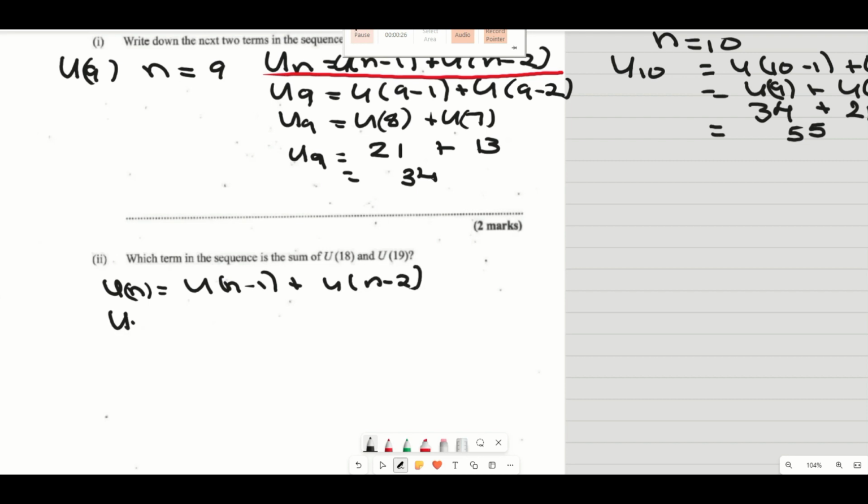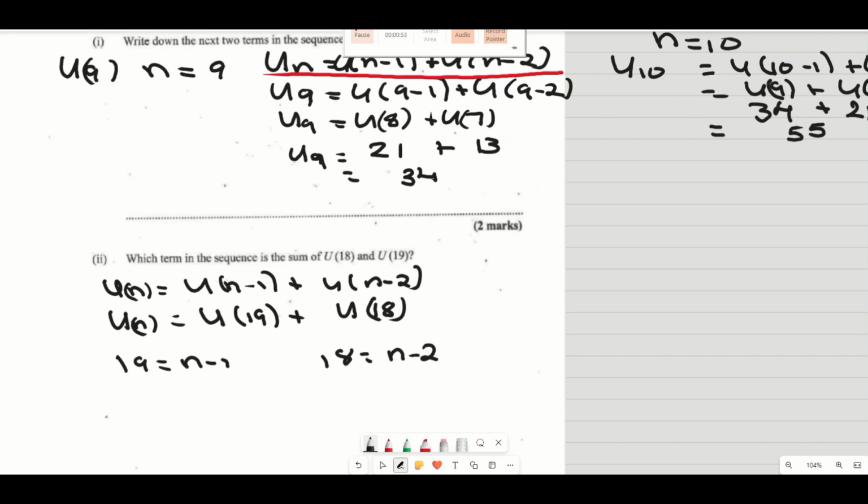And they want to know the total sum of the 18th term and the 19th term. So this would be u19 plus u18 as the sum of these two. And when you equate it, you can see 19 is equal to n minus 1, and 18 is equal to n minus 2.